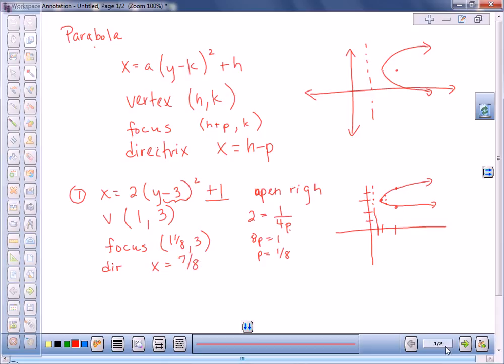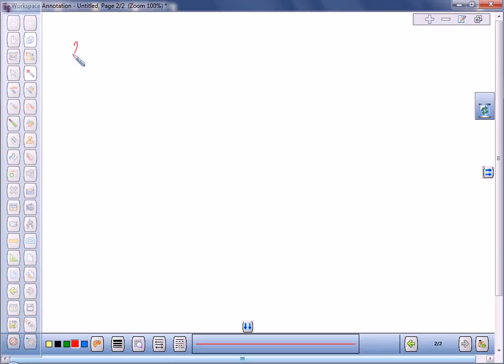Example 2. We have x minus 3 equals negative 1/16 times y plus 2. So what we would do here is get it in the correct form.